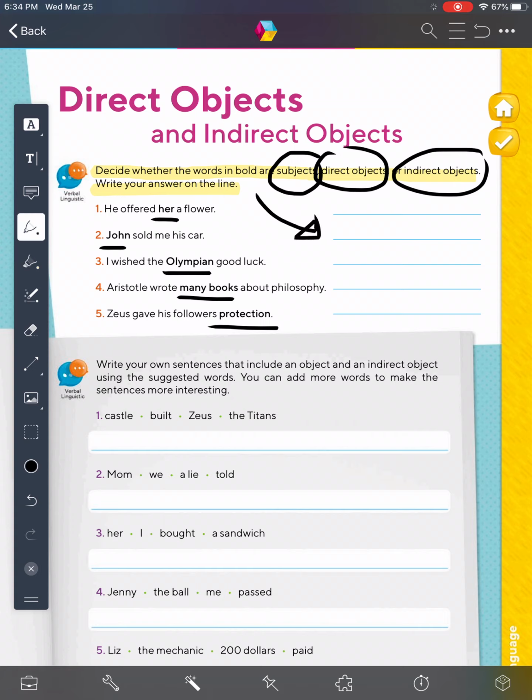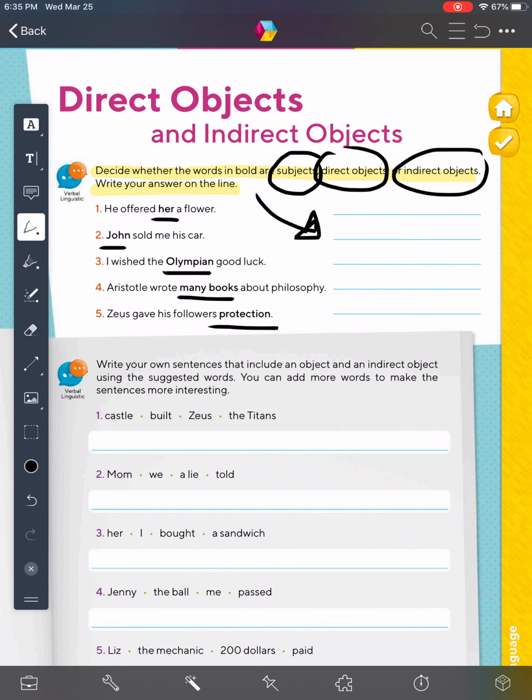That's what you have to write here. Remember, subjects are the ones doing the action. So mainly we are talking about people, but not always. Direct objects receive the action from the verb, and indirect objects respond to who or for what.